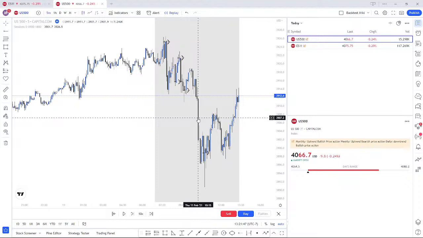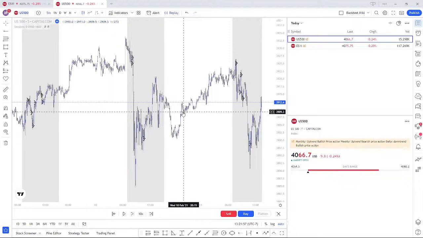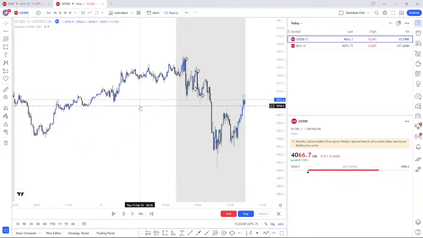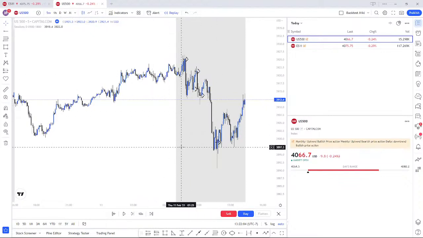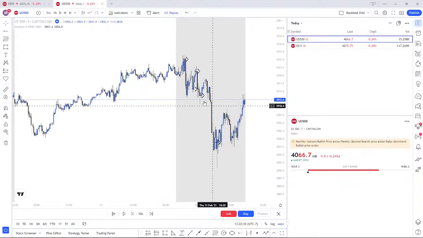So risking 10% per trade, and then grow the 2K account. It's not 2K, it's about 1.9, or 1.8, I think.